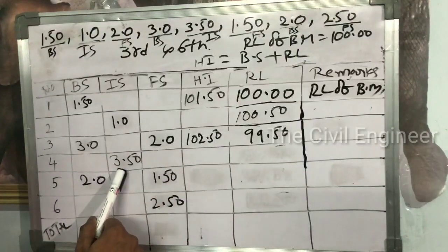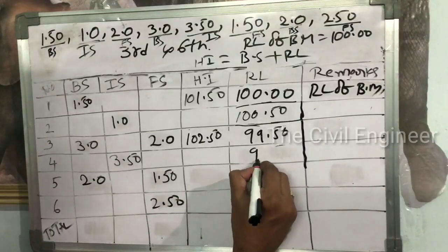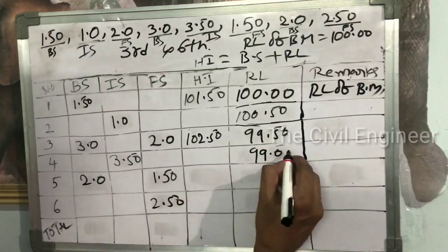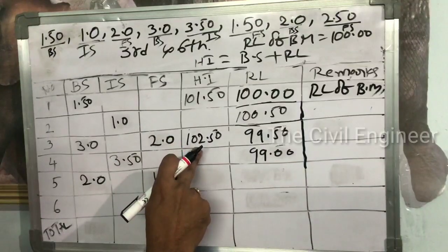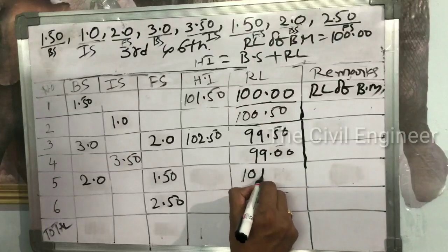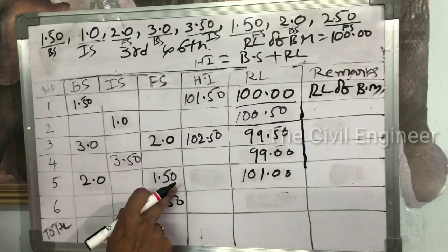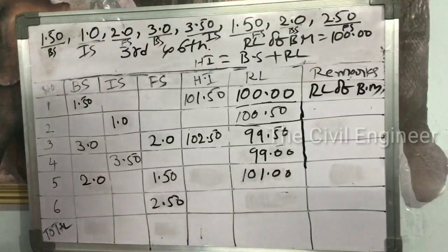So HI minus IS, 102.50 minus 3.50, is equal to 99, that is the RL. Again HI 102.50 minus FS, 102.50 minus 1.50, is equal to 101.